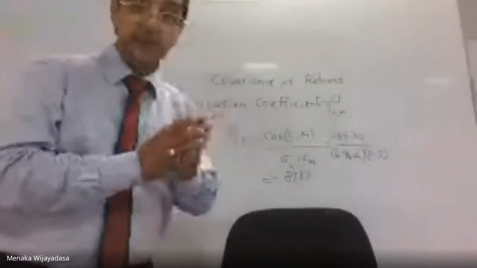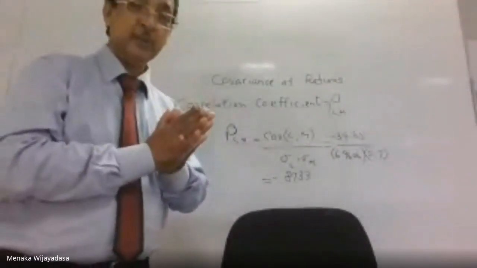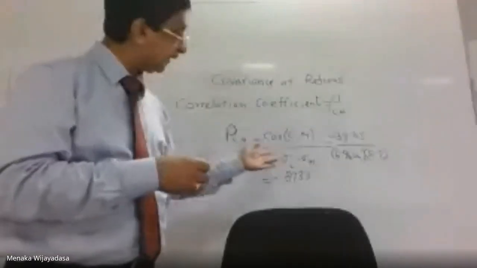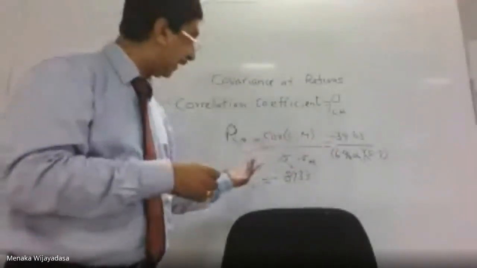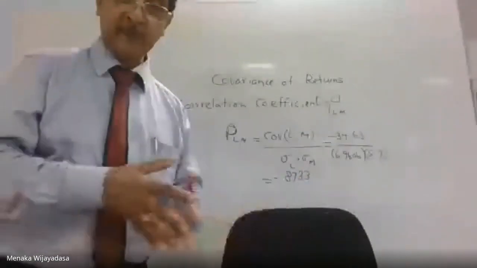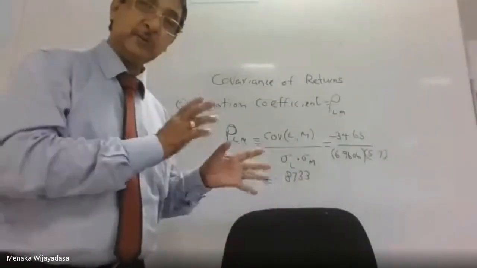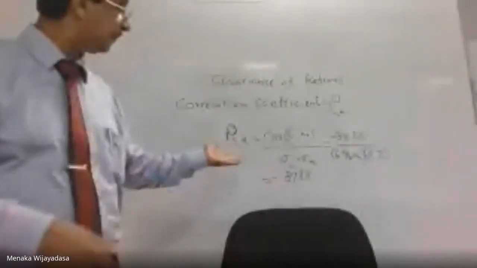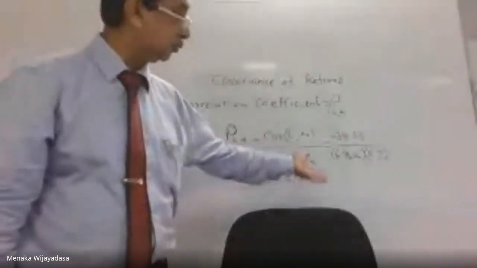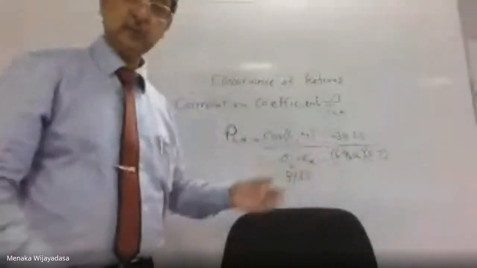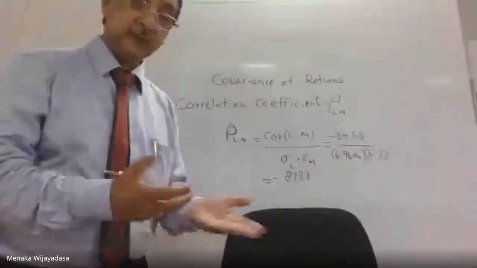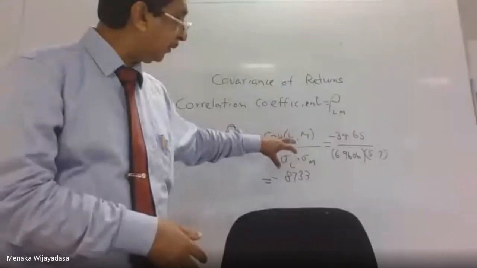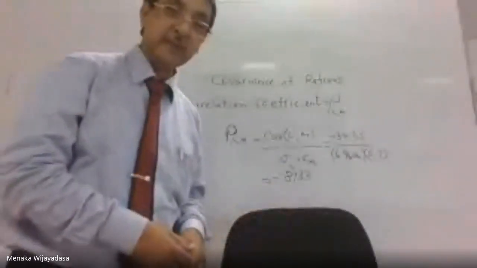If you get a value higher than 1 or less than minus 1, I think somewhere you have made a mistake. Say, for example, if you get 2 for the correlation coefficient, that is not acceptable. That is wrong. It should always be between minus 1 and plus 1.